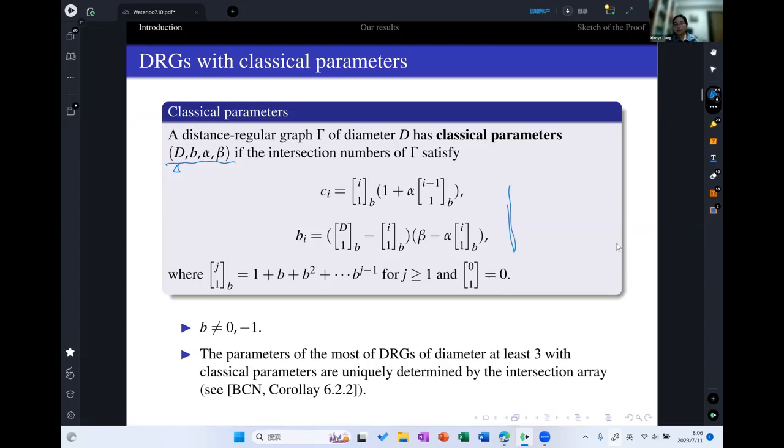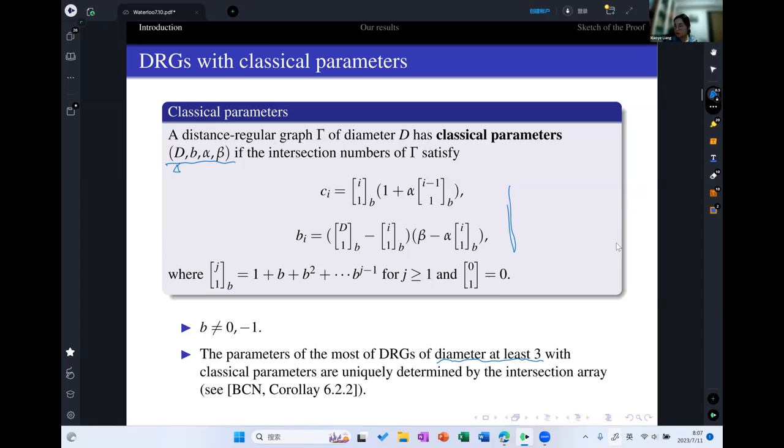So we know the parameters of most distance regular graphs with diameter at least 3 with classical parameters are uniquely determined by the intersection numbers. For distance regular graphs, we usually consider diameter at least 3, because when the diameter is exactly 2, that's a strongly regular graph, and there is much study on that. So we usually separate them.